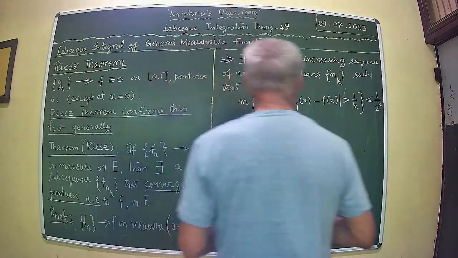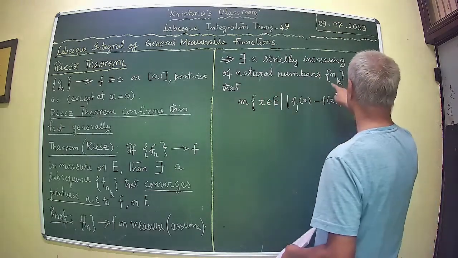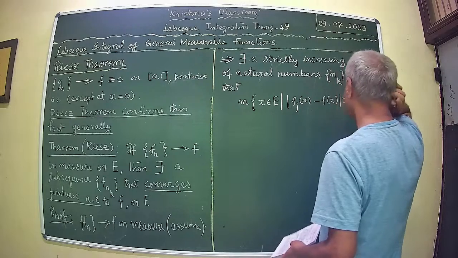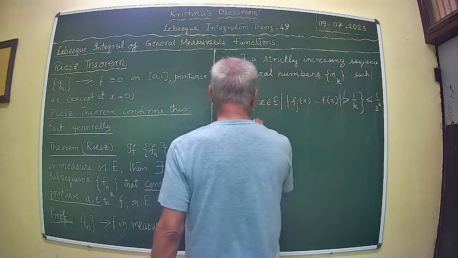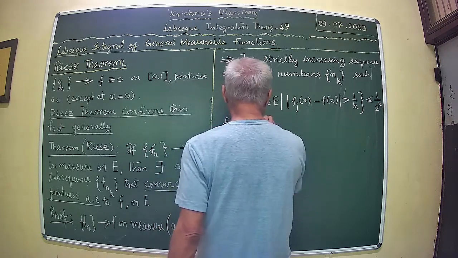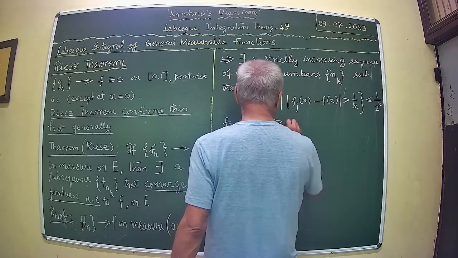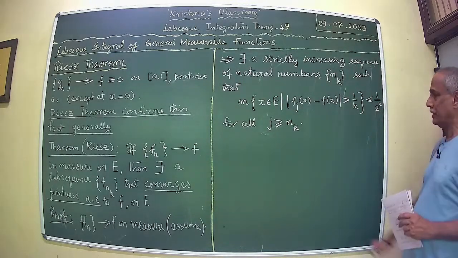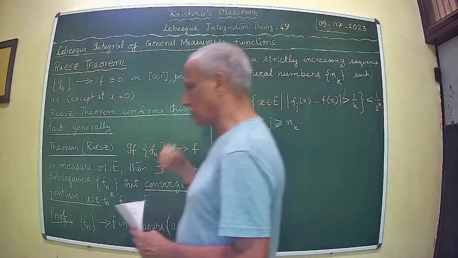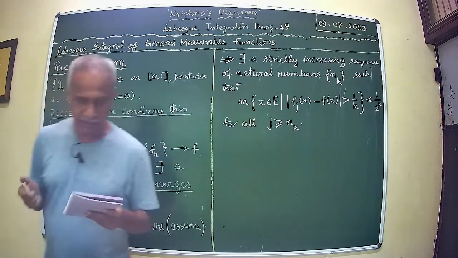But this happens corresponding to k, you have a certain Nk, for all j. Okay, so this is how you get a sequence of numbers Nk.